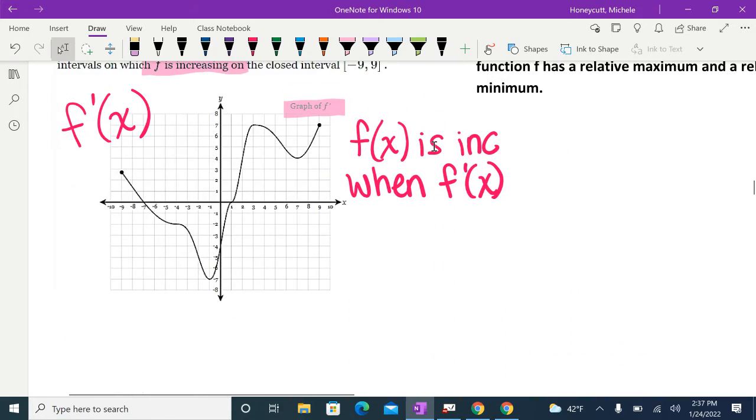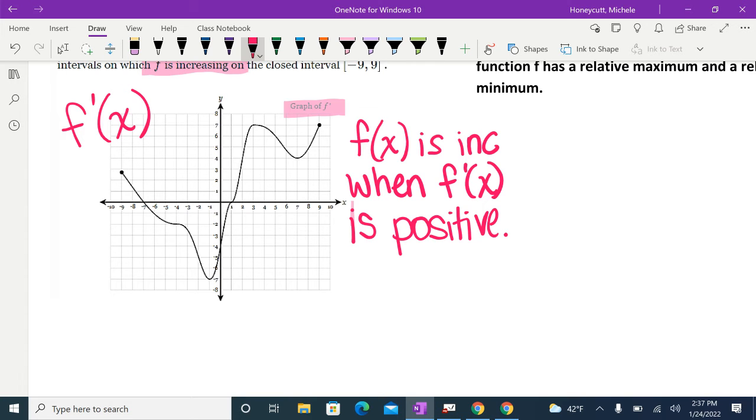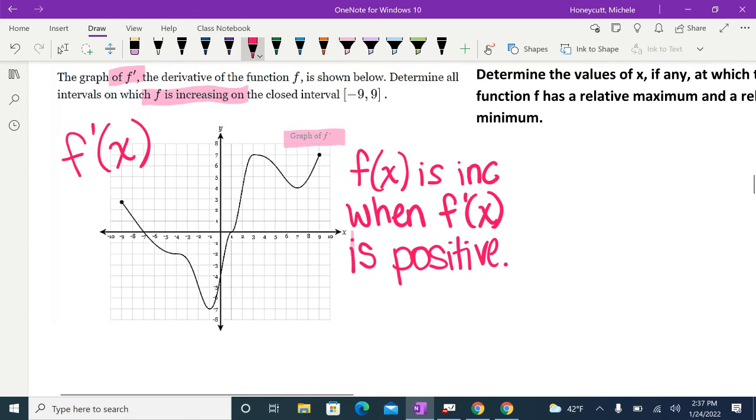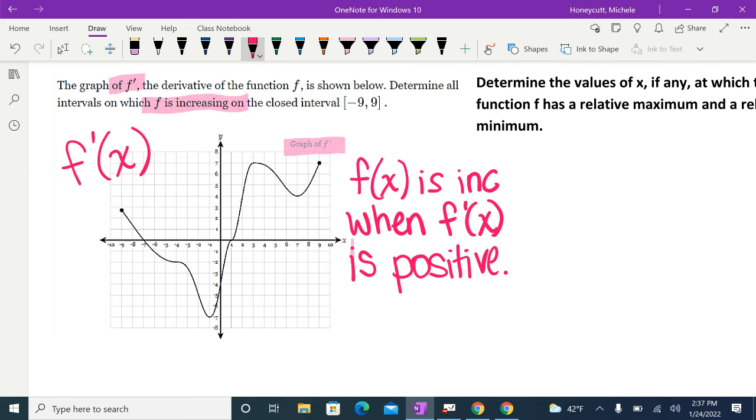So f of x is increasing when f prime is positive. So f prime is positive on this interval and on this interval. So I would say that happens from -9 to -7, and also from 1 to 9.